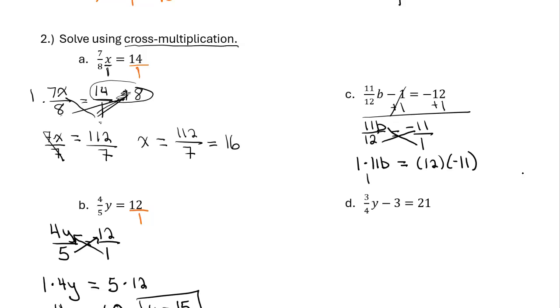So on the left, I get 11b equals 12 times -11, which is -132. Now I need to divide by 11 to get the b by itself. So b equals -12. And that is my final answer.